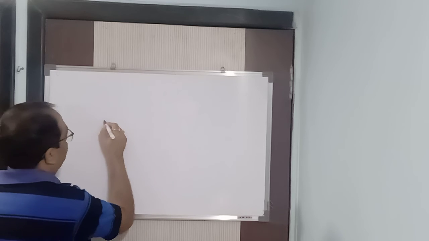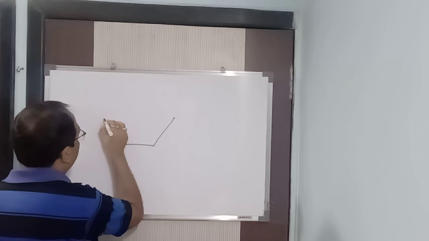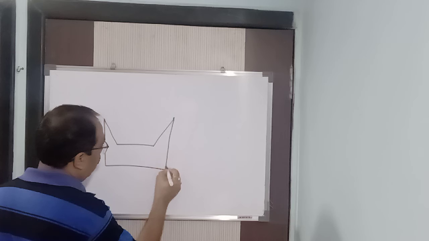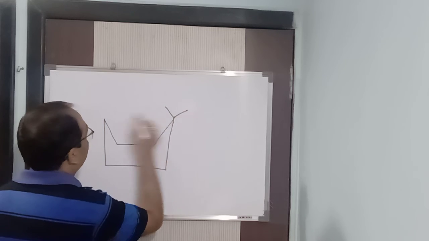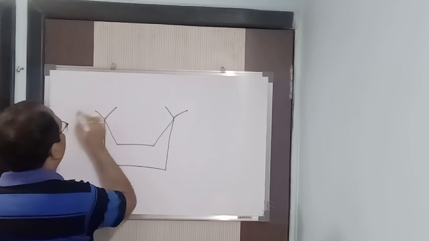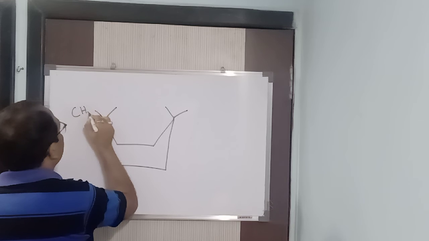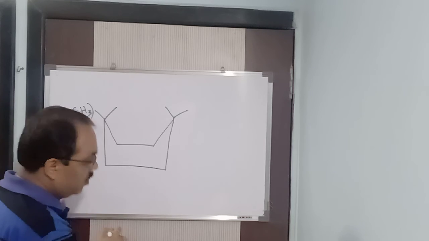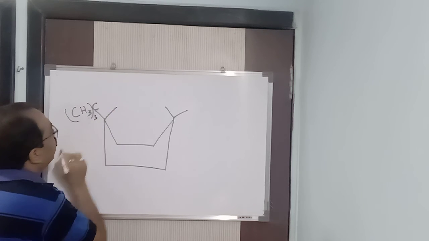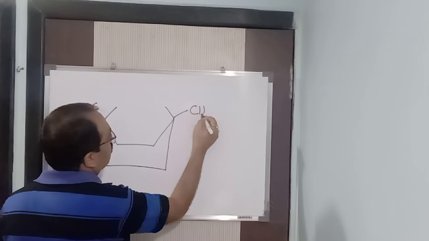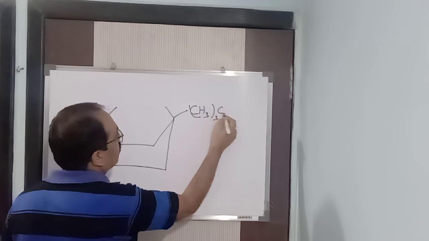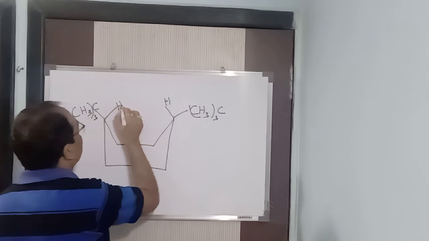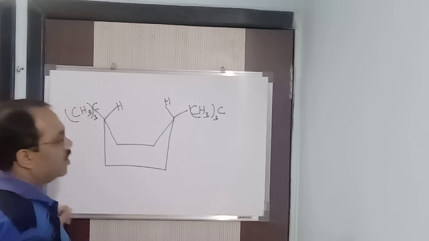Now see here, this is a boat conformer. Here also we have the bulky group. Let us say we have here CH3 and here also we have CH3, and these are H and H. So these two are the equatorial positions, we can say that.